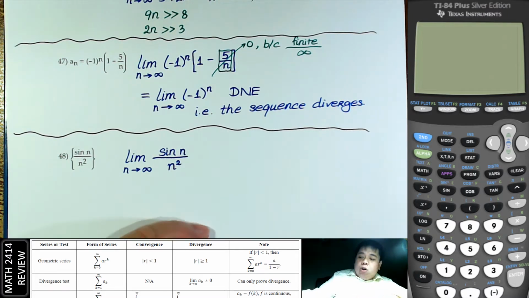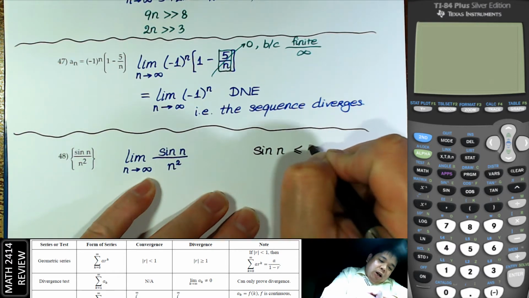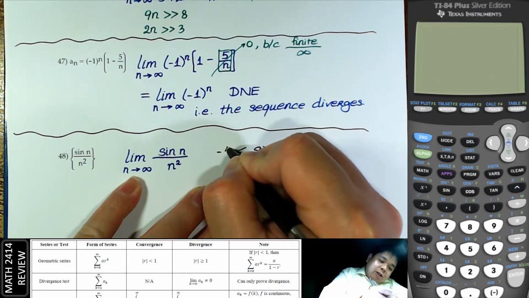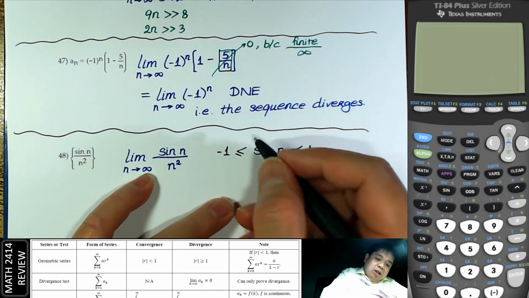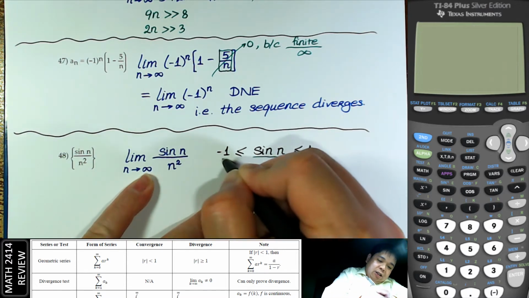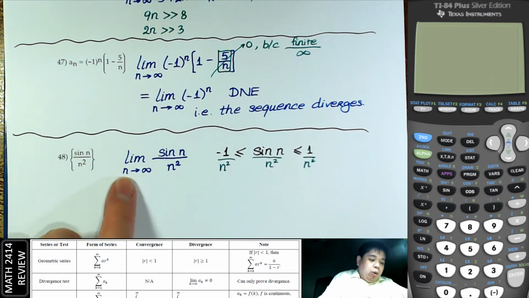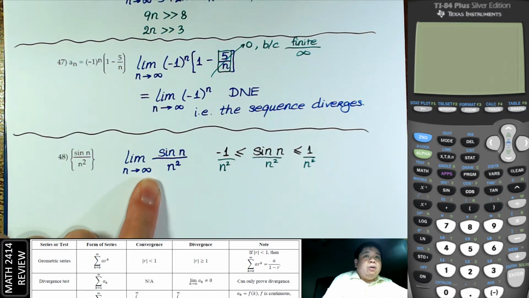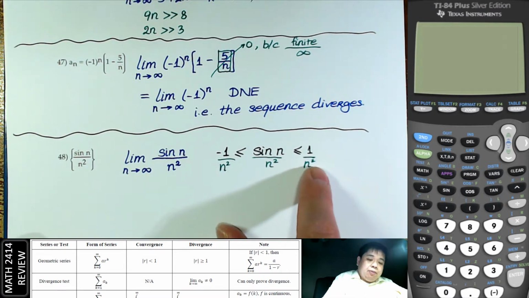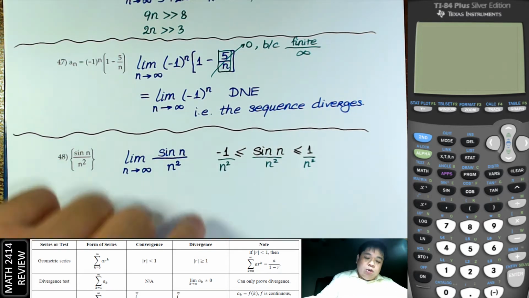Right. So the proper way to do this is, first, sine of anything is between 1 and -1. What we do next is divide by n square. n square, when n goes to infinity, is not going to be 0 and it's not going to be negative, so we do not need to reverse the inequality. Now 1 over n square, -1 over n square, both of them go to 0 as n goes to infinity.